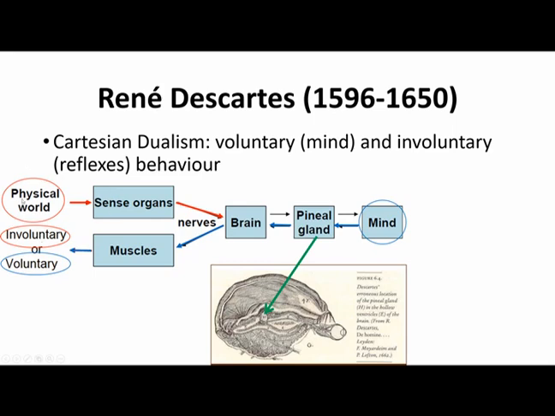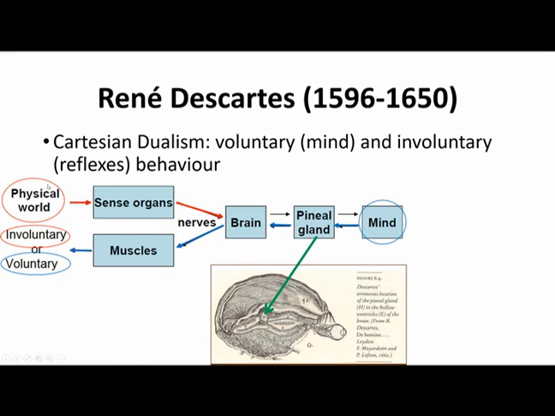And so the pathway here is shown in red, where we have some kind of physical stimulus, which we perceive with our sense organs, whether it be our eyes, our ears, our sense of touch, whatever. That sense gets traveled along our nerves to the brain, and then we have this sort of automatic response back to our muscles to produce an involuntary response.